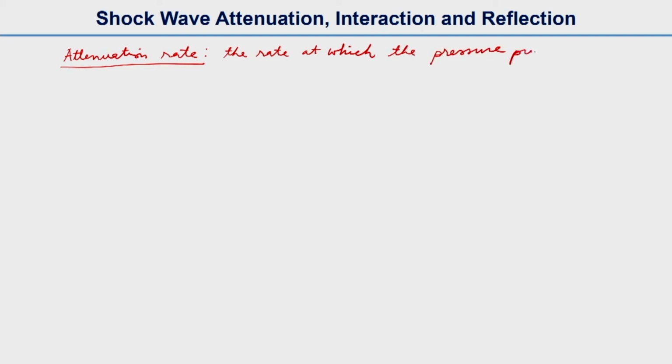And attenuation rate: if we talk about attenuation rate, that is the rate at which the pressure pulse dissipates itself as it travels through the material.